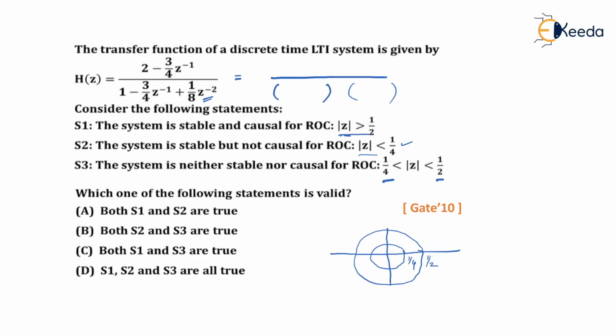The reason I'm considering the unit circle is that they are asking about stability. Whenever you want to check stability, you must make sure that your ROC contains the unit circle. If your ROC includes the unit circle, then the system is stable, and if it doesn't, then it is unstable. So for my reference, I'll try to get the unit circle now. Somewhere over here, there would be a unit circle.